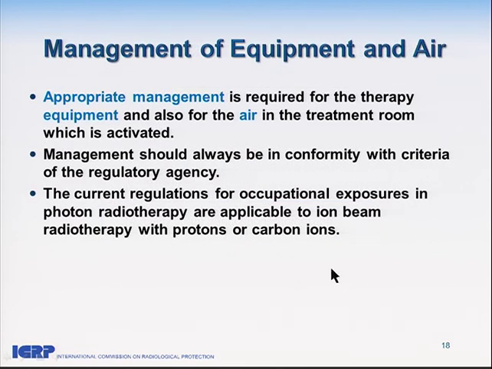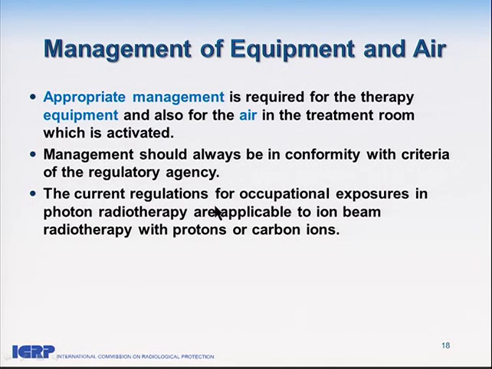And, well, we are close to the end, so we need management of equipment and air. Appropriate management is required for the therapy equipment and also for the air in the treatment room. But the current regulations for occupational exposure in photon radiotherapy are also applicable to ion beam radiotherapy.